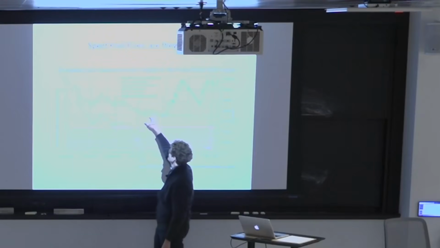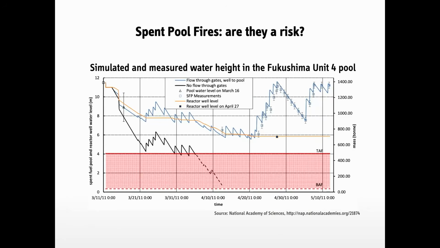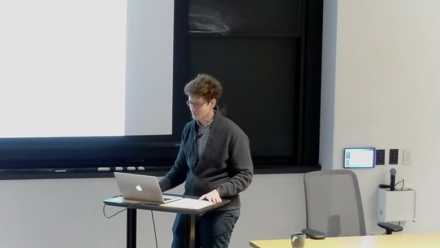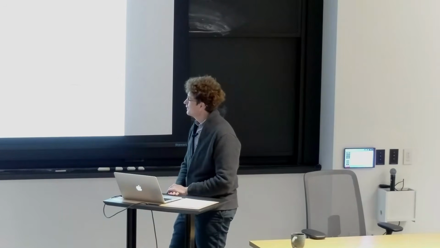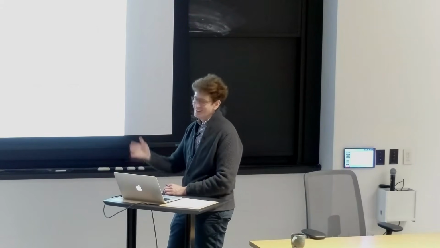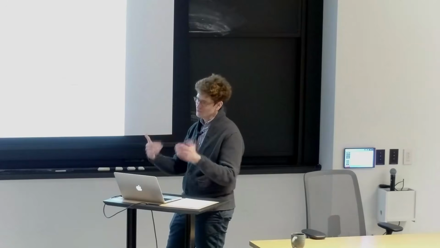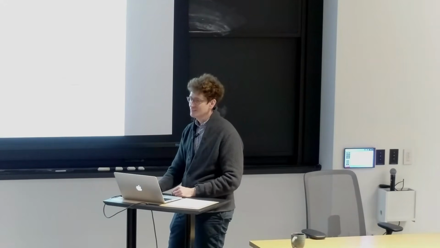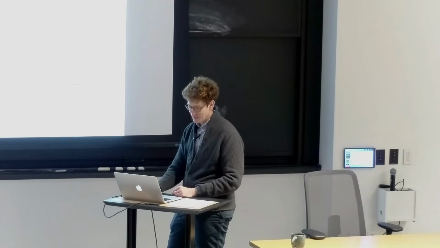And this is the actual water level. So they basically got lucky because of a leak that leaked water into the spent fuel pool. You can imagine what would have happened if, in fact, the leak occurred the other way. And there was a crack somewhere in the structure of that spent fuel pool, and it was leaking out. Then it would have been a much worse situation.